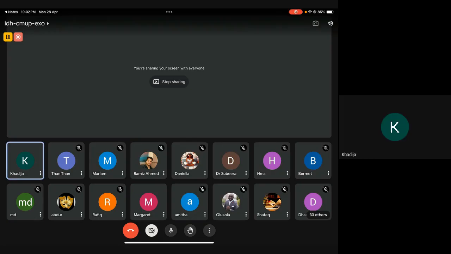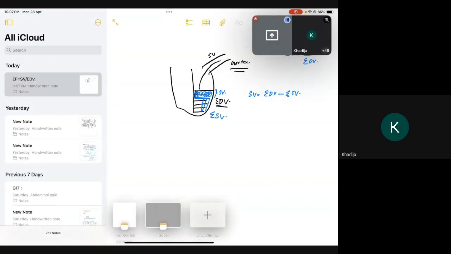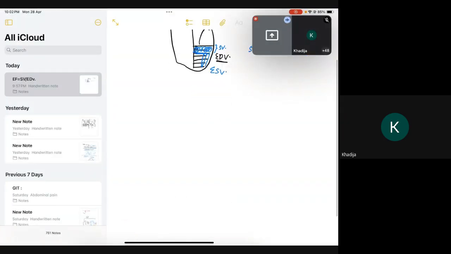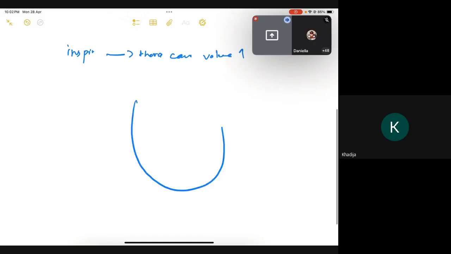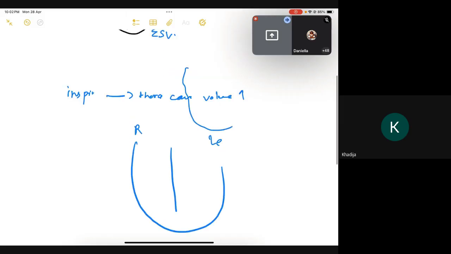Can you explain why the left-sided preload decreases? Okay. So what happens during inspiration to the thoracic cavity volume? It increases. Right. So for example, if this is your right side and this is your left side, as the lungs are expanding, the volume is increasing and the pressure is decreasing.